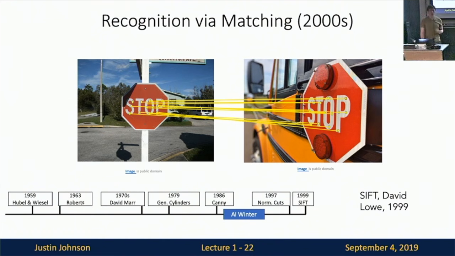Then in the 2000s, a big theme was recognition via matching. And there was a hugely famous paper called SIFT by David Lowe again in 1999 that proposed a different way of recognition via matching. The idea is that we would take our input image and detect little recognizable key points in different 2D positions in the image, and at each of those key points, we represent its appearance using some kind of feature vector.